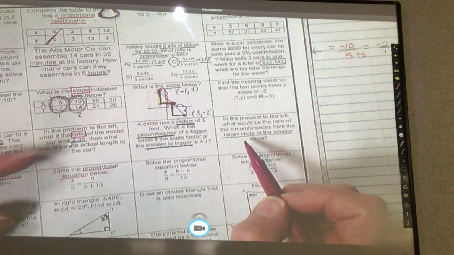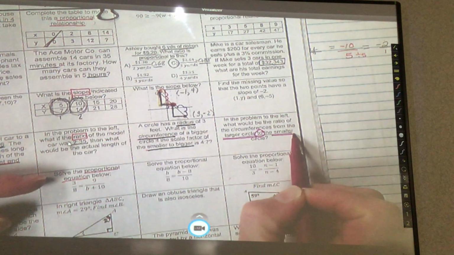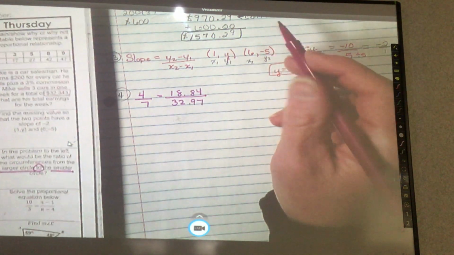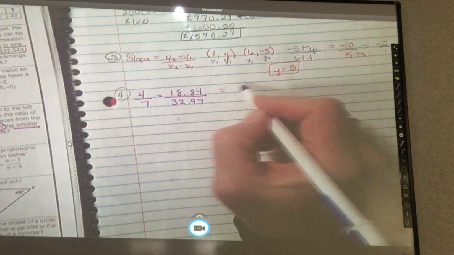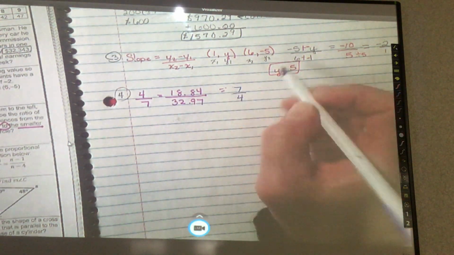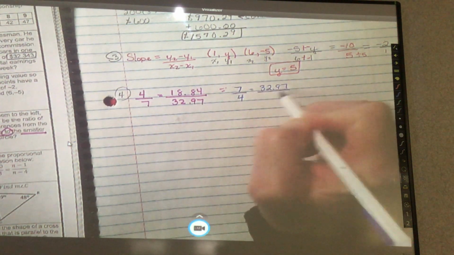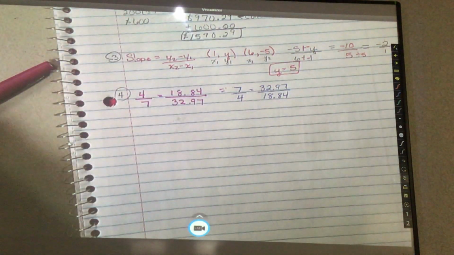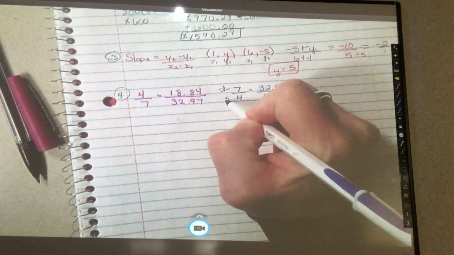The only thing we're doing today is making it larger to smaller. So all I had to do was switch these around. The scale factor would be 7 to 4, and it would be 32.97 to 18.84. I didn't have to do any work. I just had to switch it to make larger to smaller.